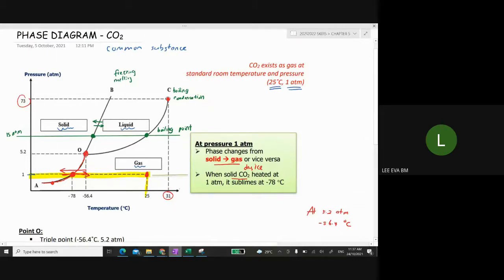But can you get the idea of this melting point, freezing point? You can note on your diagram, freezing or melting point. For this one, melting point.